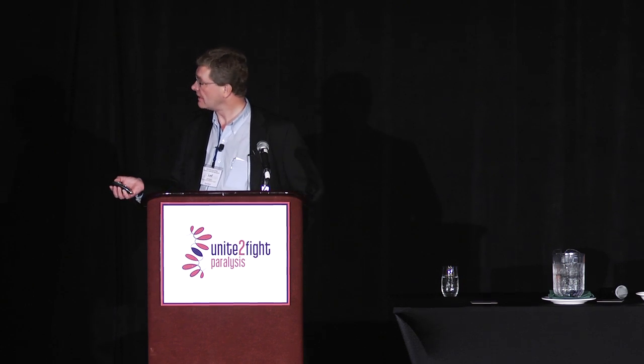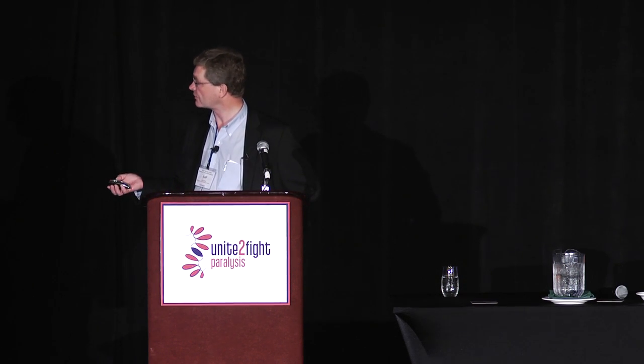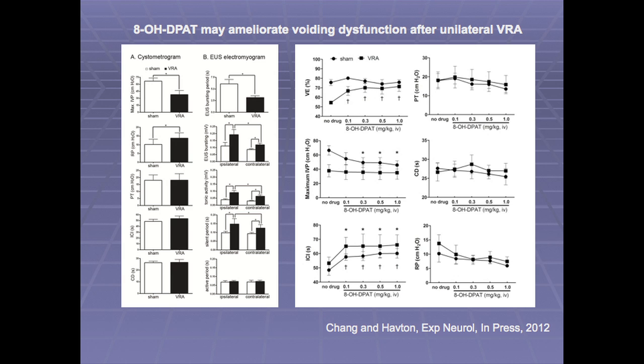And as an additional step, we looked at a pharmacological intervention, and this is the work of Harriet Chang in this model, looking at the effect of 8-hydroxy-DPAT, which is an agonist for a serotonergic receptor called 1A.